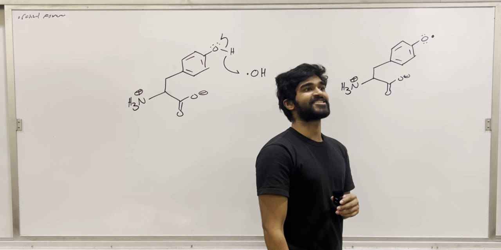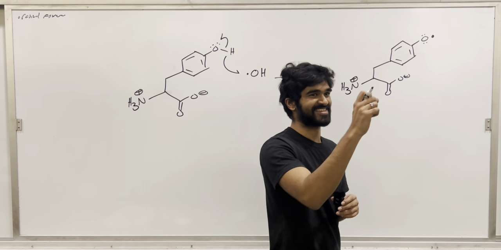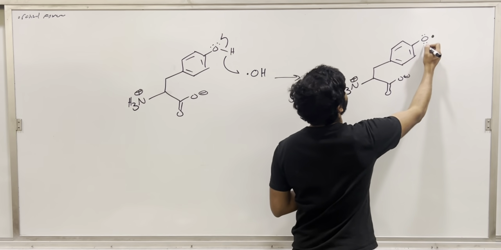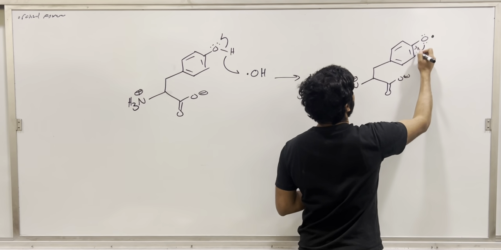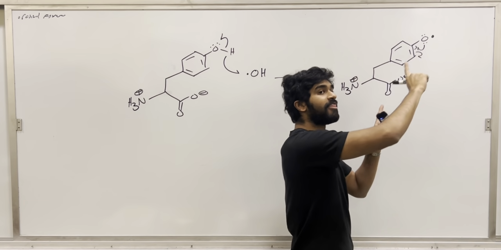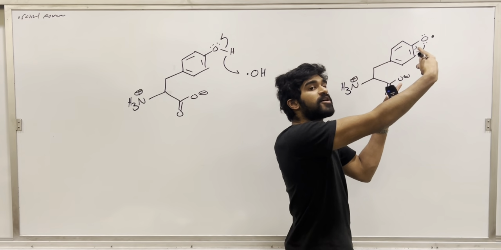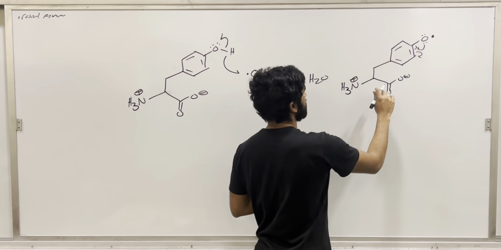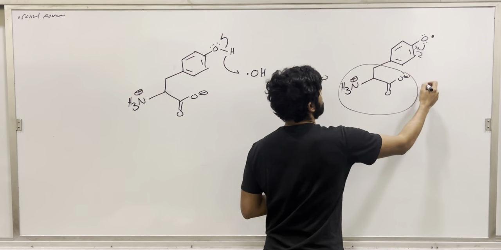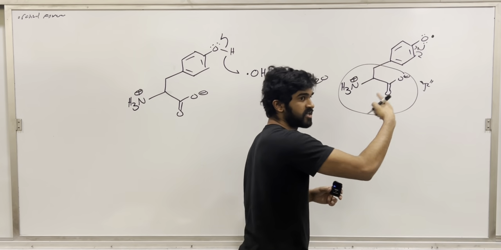You guys ready to see the magic? Fish hook arrow down, fish hook arrow in, fish hook arrow out. That is radical resonance, where the radical disperses itself throughout the benzene ring. And I'm going to take this, and I'm going to say R, okay? Because I'm not going to keep drawing it.